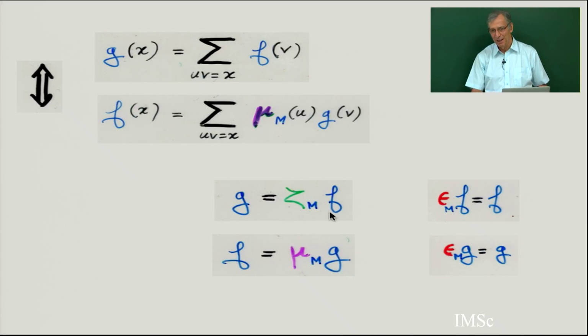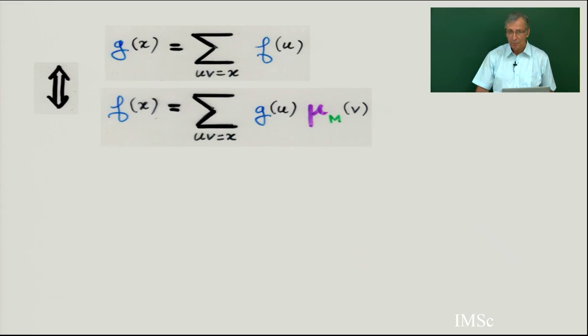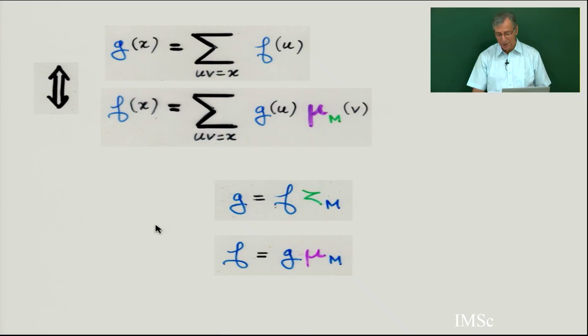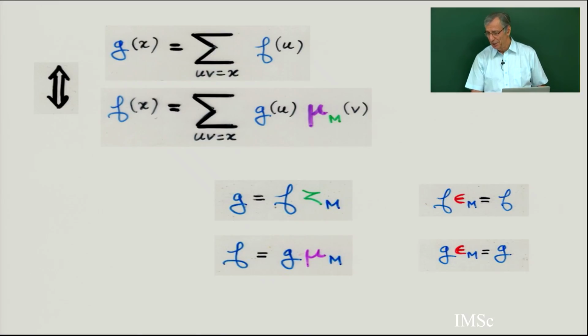You transform F by a product with zeta, which gives you G. And you can get back F by multiplying by Möbius. So there is an action on the left, and also an action on the right. What I have done on the left, I can do on the right also. The analogous relation acting on the right gives you this. It's a bit like the group algebra.